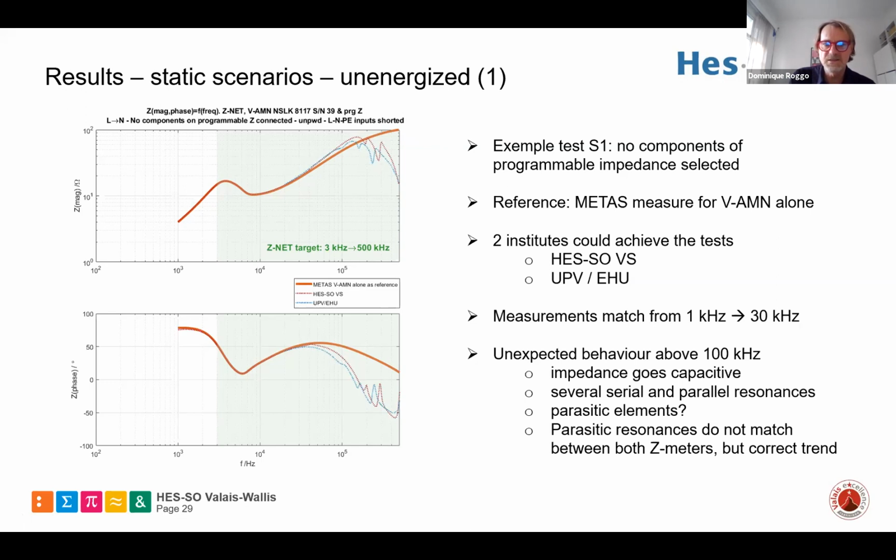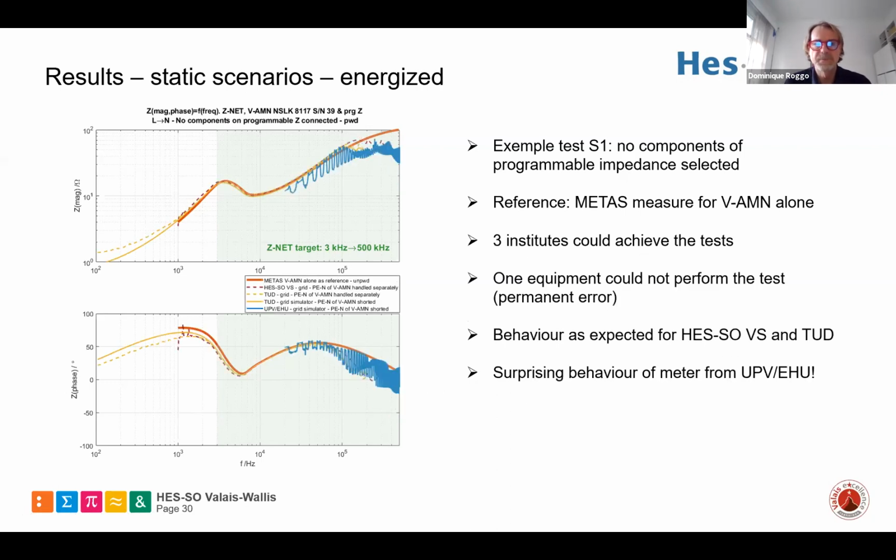So this is the first attempt. In the low frequency range, when we don't make switching between different topologies, it works pretty fine. In the higher frequency range, we can also see that one of the devices was showing a bit funny behavior.